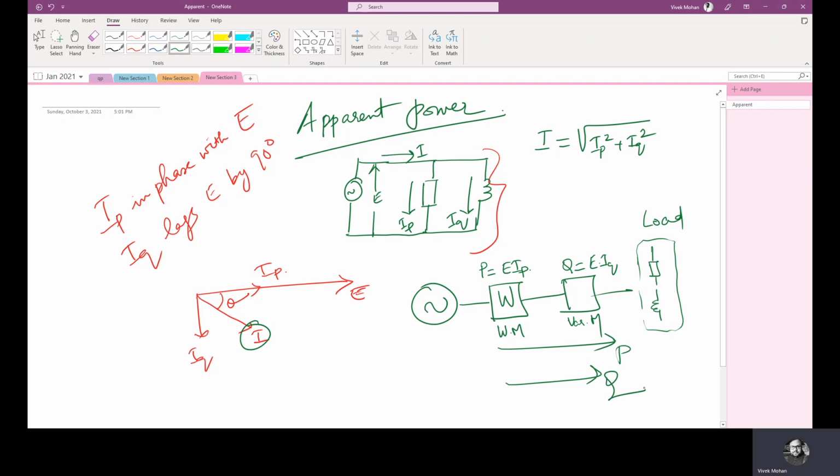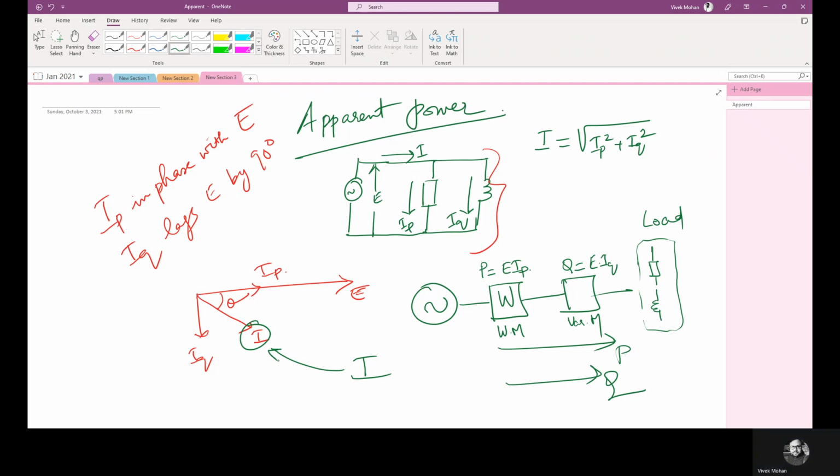The active and reactive power components P and Q both flow in the same direction as per this circuit. If we connect an ammeter into the line to find the current, it will indicate a current of some I amperes, which is equal to this one.